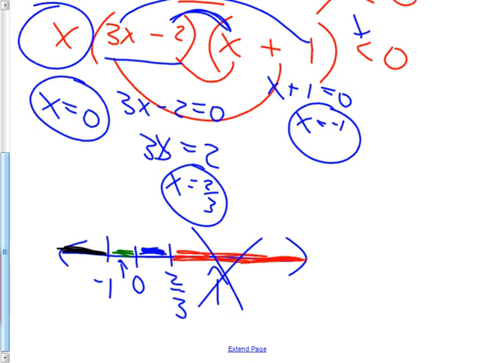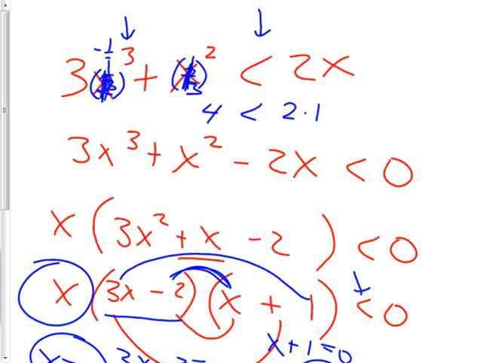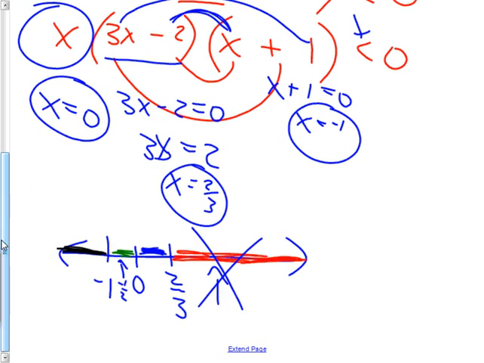So the only thing between 0 and negative 1 that's nice would be negative 1/2. So if I'm testing negative 1/2, I put it in right here and cube it. Put it in right there and square it. Put it in right there. And make negative 1 over there. All right, so you test each part and you see where it works. And it'll probably only work in one area, but sometimes it works in 2.